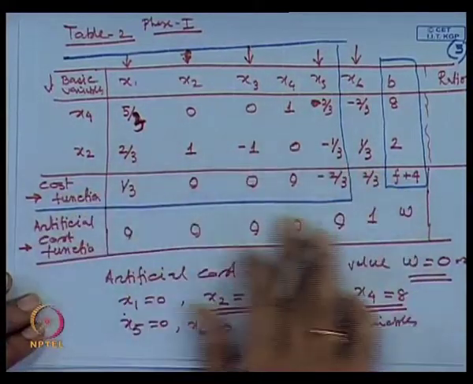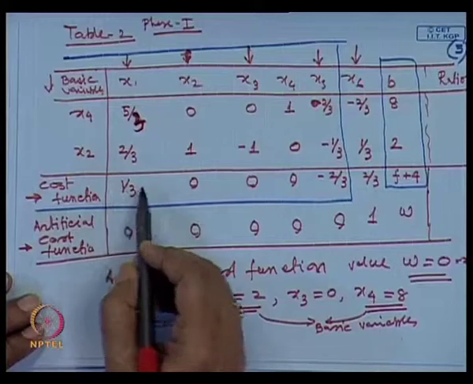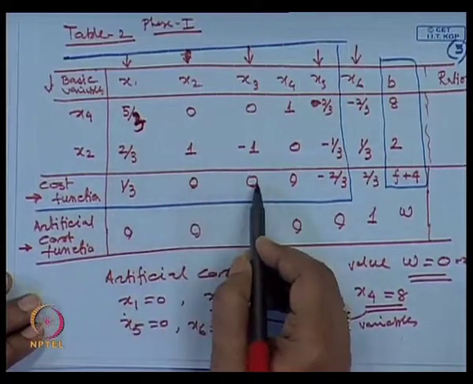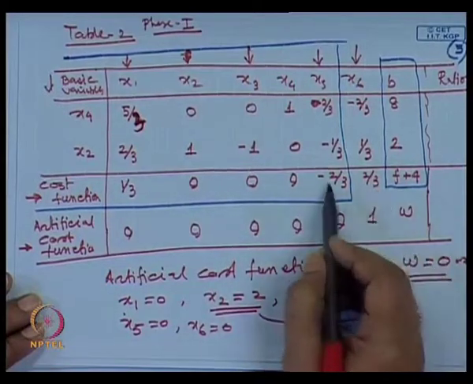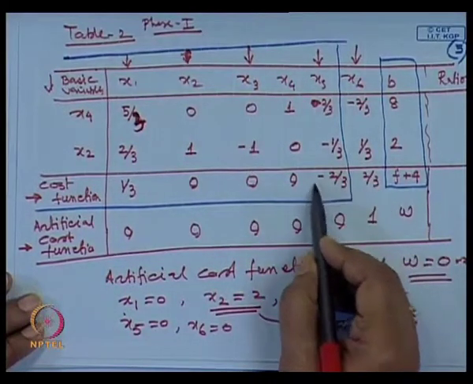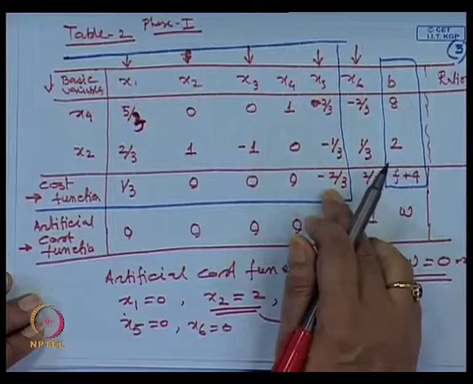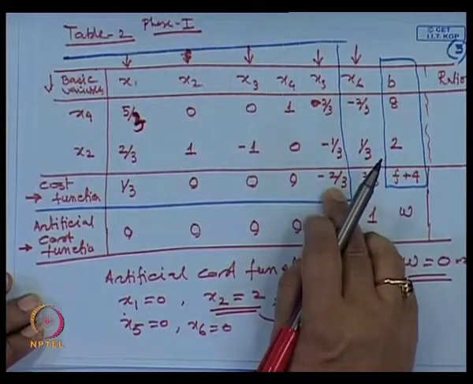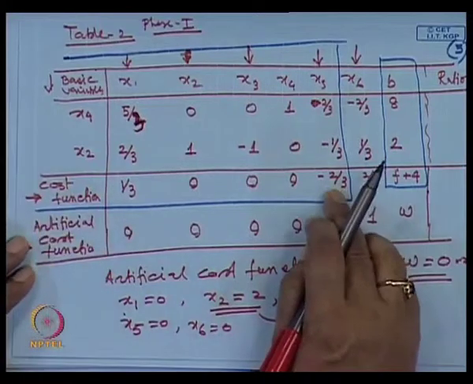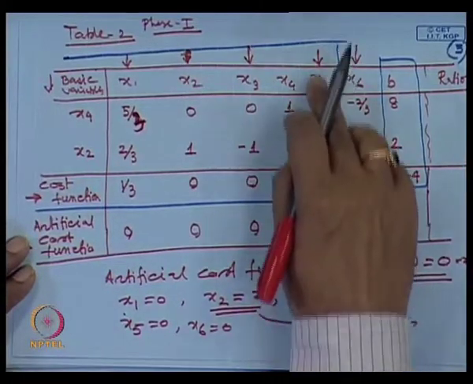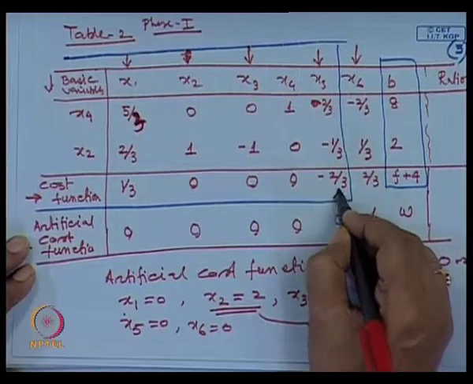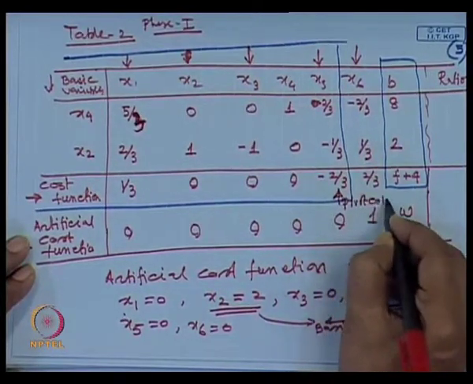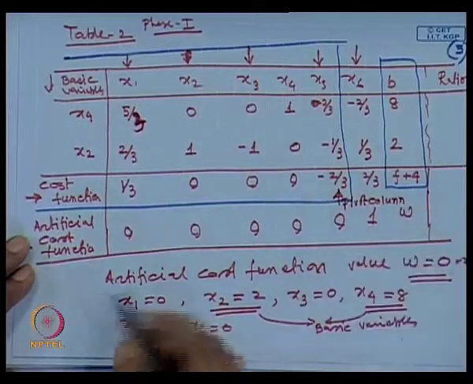How will we see that? You see the reduced cost coefficients: this is plus, this is plus, this is plus, this is plus, this is plus, only this is minus. So the most negative coefficient of the objective function is along the x5 variable. So this is our pivot column.